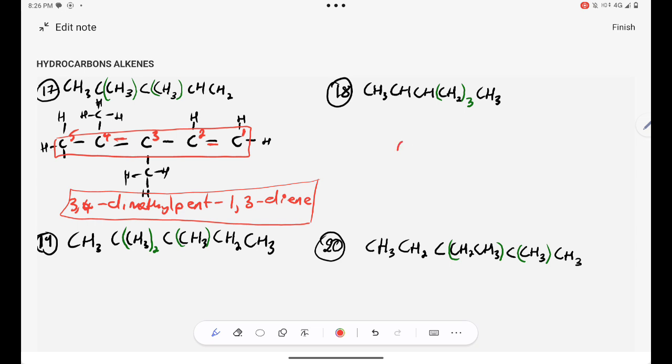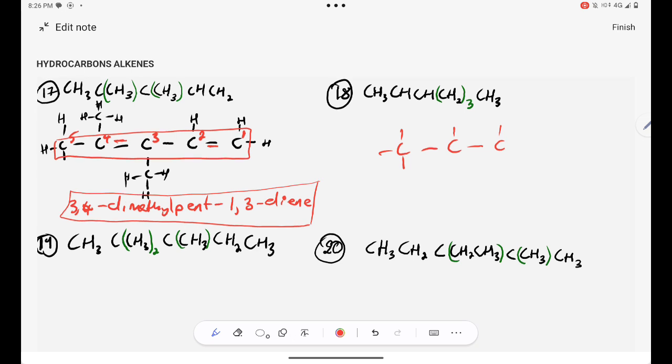Okay, number 18. I have a CH3, I have a CH, and then I have a CH. What do I have? Number 18 is not an alkene. Okay, I have a CH3 like this, and then I have a CH.